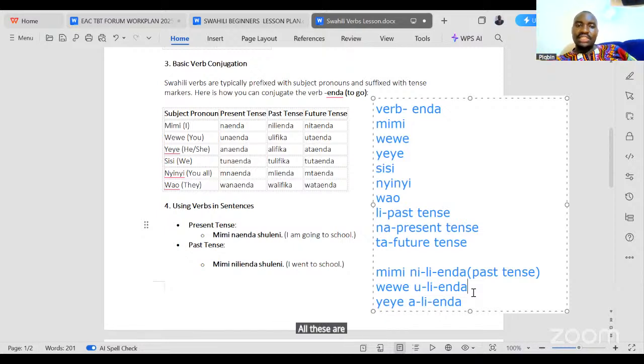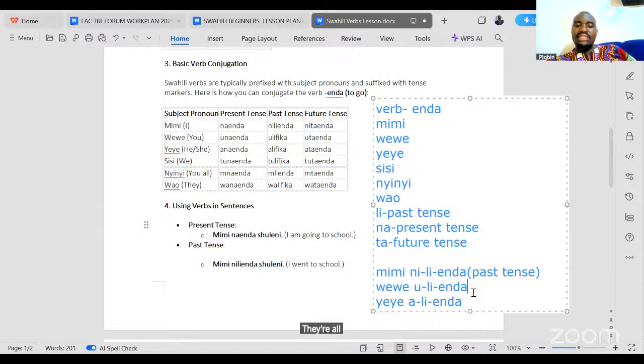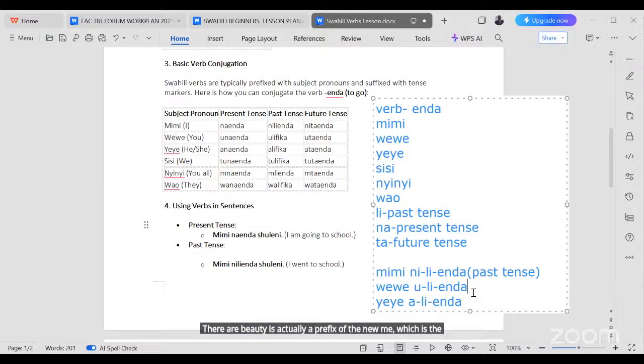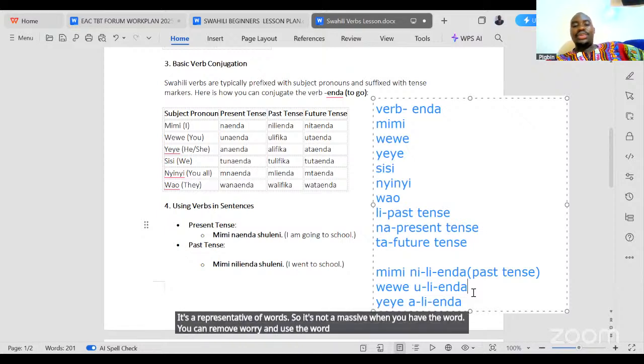It's the past tense because the syllable li stands for past tense. The word ni is actually a prefix for the pronoun nini, the first person pronoun. The word u is a representative of wewe, so it's not a must to have the pronoun. You can remove wewe and use the word ulienda, which means you are referring to the second person, wewe.